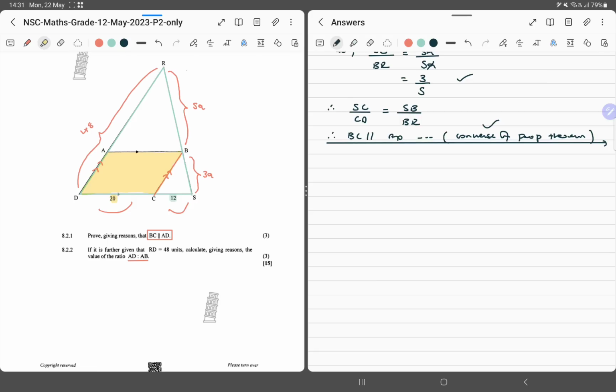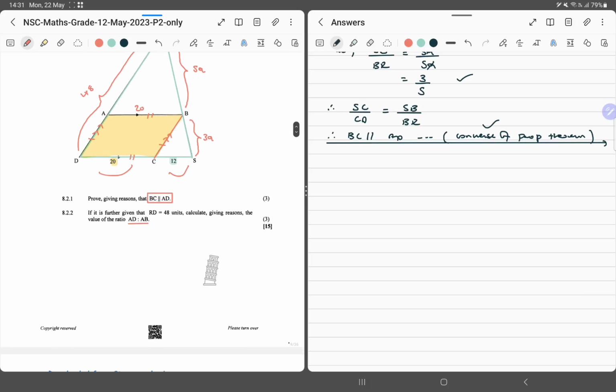And if it is a parallelogram, what are the properties? It is that the opposite sides are equal. So if this is 20, therefore AB is 20 units because of the parallelogram. So we already know what AB is. Our challenge is finding AD.